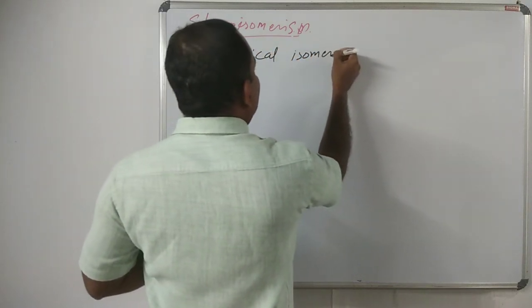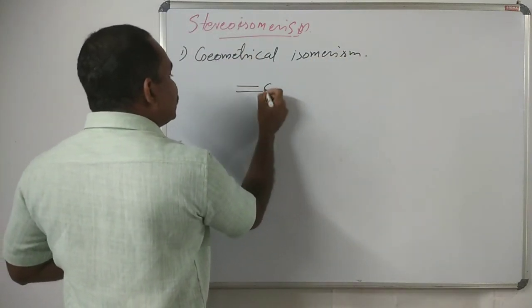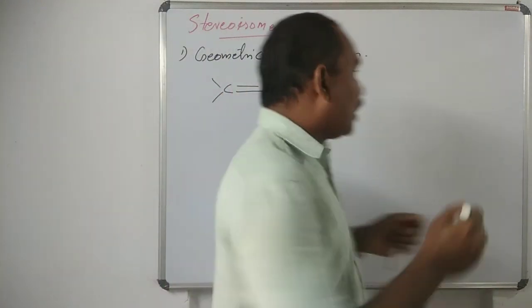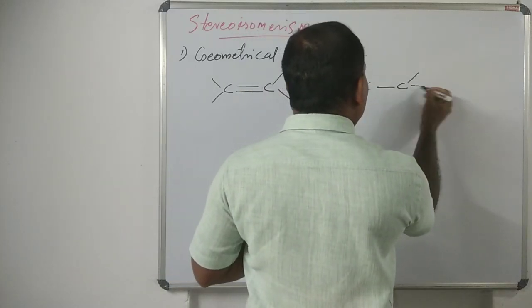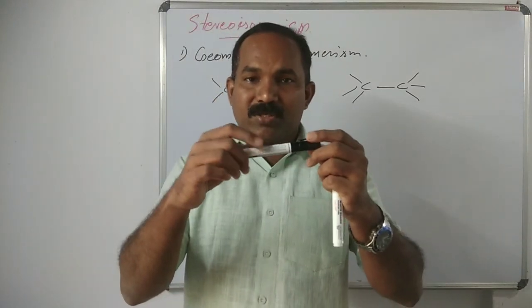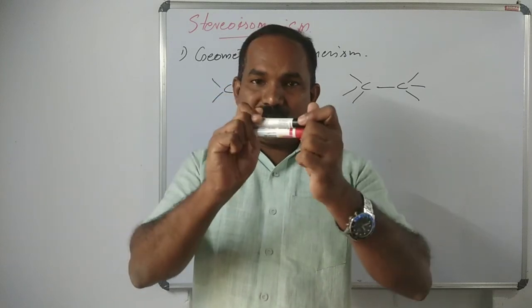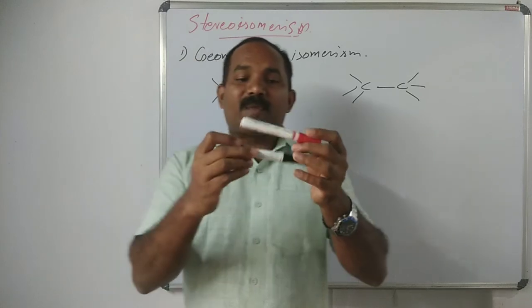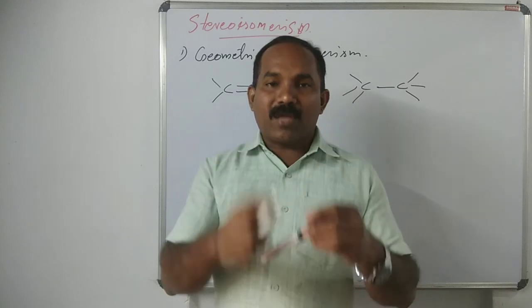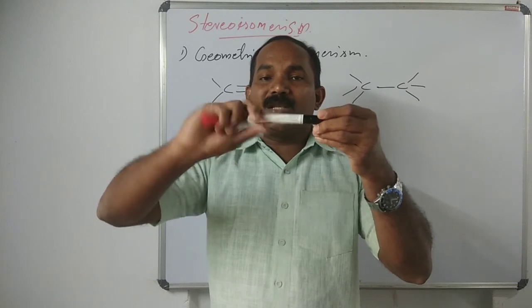Okay, stereoisomerism. In stereoisomerism, compounds have the same molecular formula but different spatial arrangement of atoms or groups of atoms. In that, the first one is geometrical isomerism. Geometrical isomerism is due to the restricted rotation of carbon-carbon double bonds. The carbon-carbon single bond has free rotation. But when the carbon-carbon double bond comes, what happens? The rotation is restricted. You can understand with 2 pens. The black pen you consider as a sigma bond. The red pen is considered as a pi bond. So when only the sigma bond is there, the rotation is easy, the rotation is free.